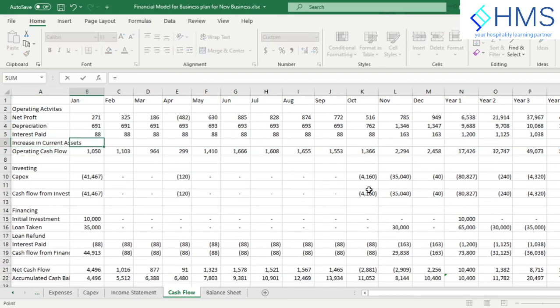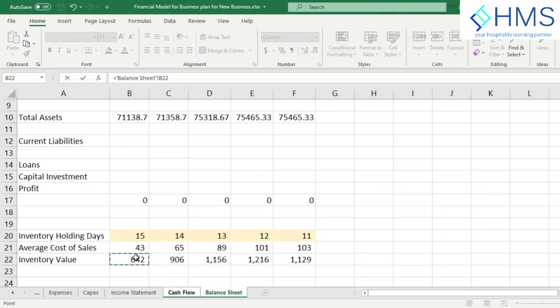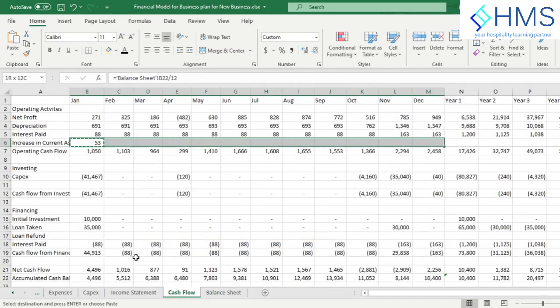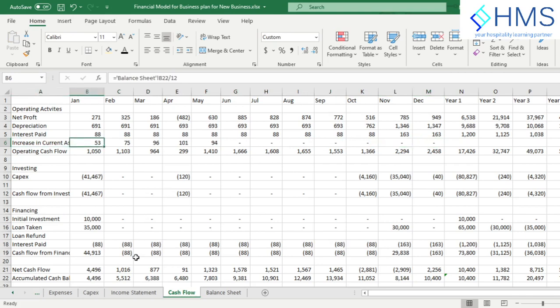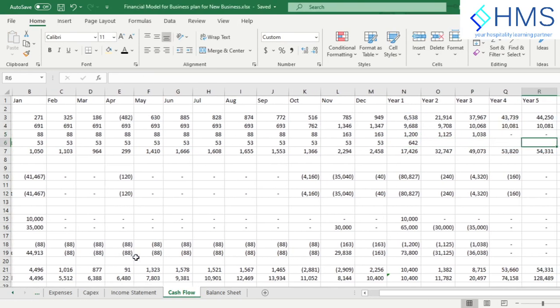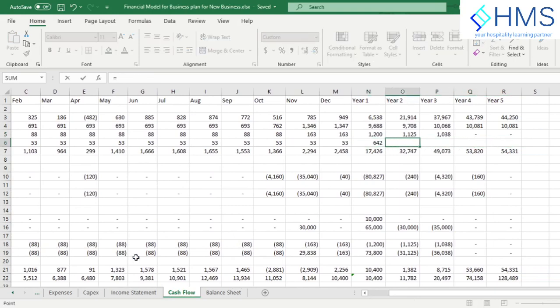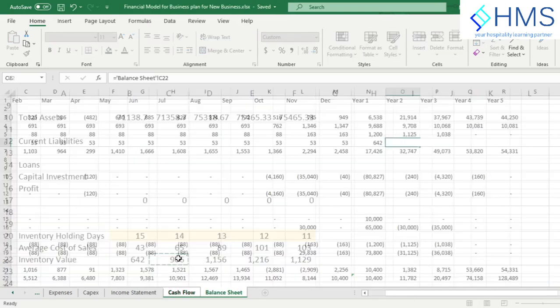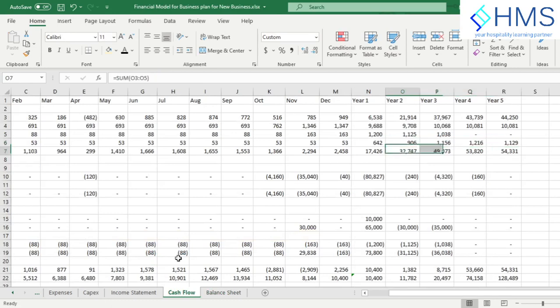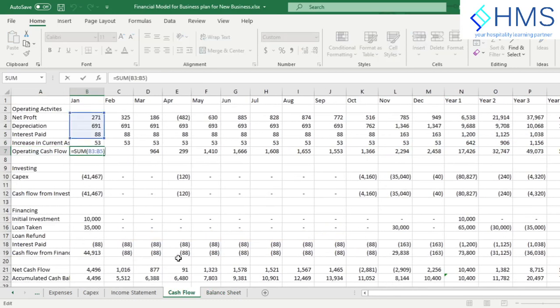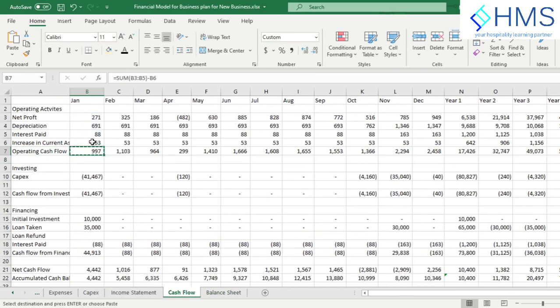Since we have only the yearlies, you can divide by 12 for each month so that you get the average number, but on a yearly basis, you will get the same number. Then you can just follow that in the next year. Then the cash flow will be this minus this because our inventory is increasing.